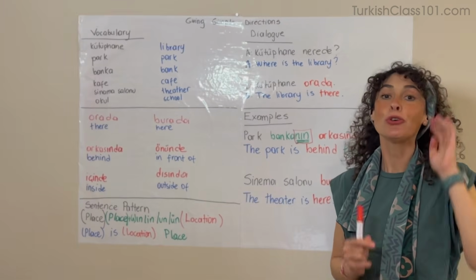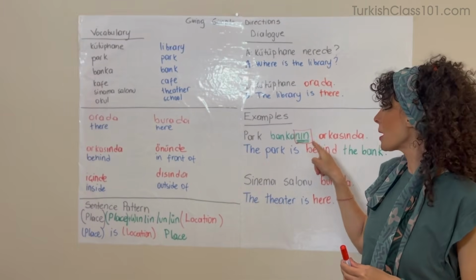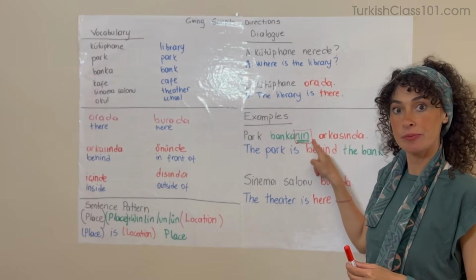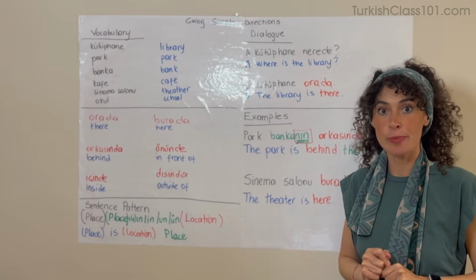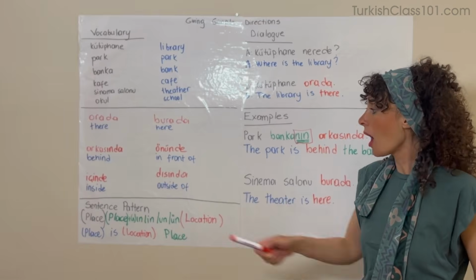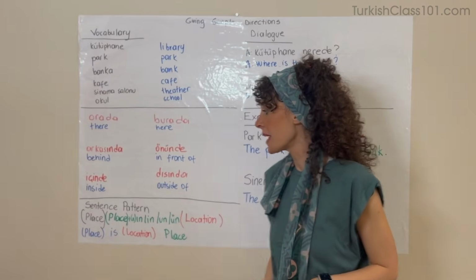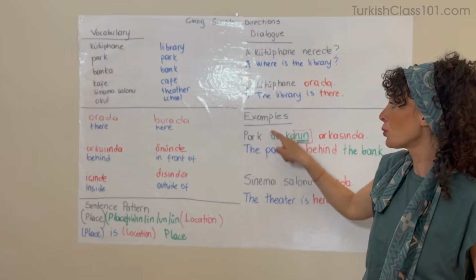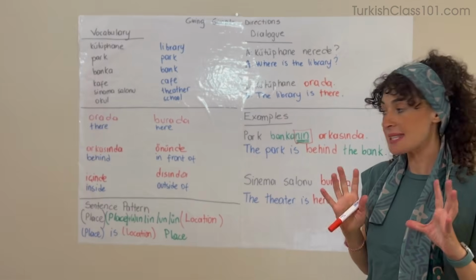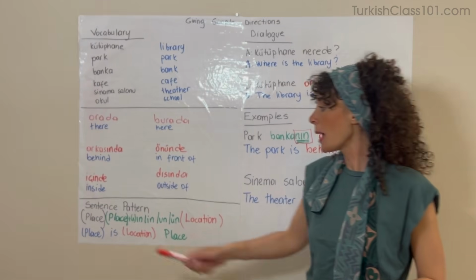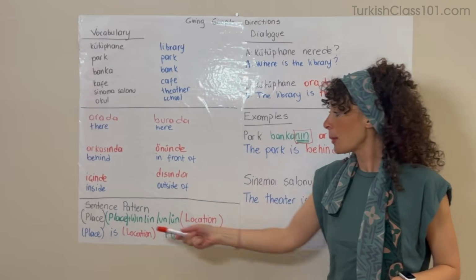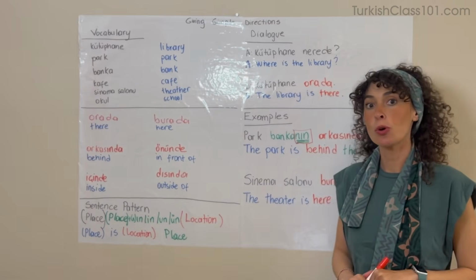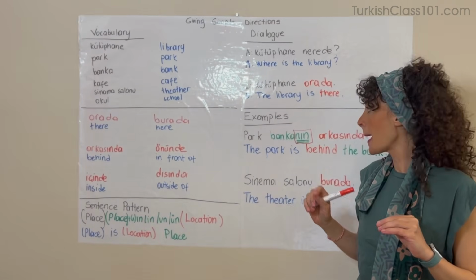Okay, do you remember we talked about this suffix here? Now, let's look at our sentence pattern. If it's two places, we have place 1, plain, place 2, plain.